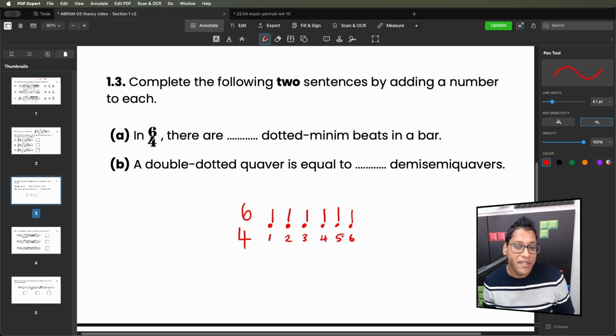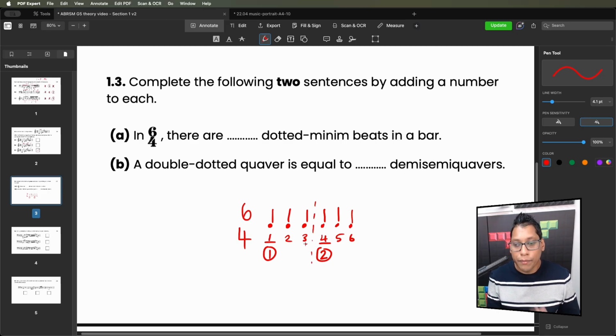So the beat falls at the beginning of every single group of 3 in a compound time signature. So the actual beats we will be counting are in the beginnings of each half of the bar. In this particular time signature, you will get 1 beat at the beginning of the first half of the bar and 1 beat at the beginning of the second half of the bar, meaning there is going to be 2 beats.